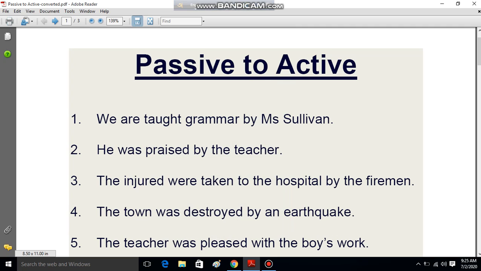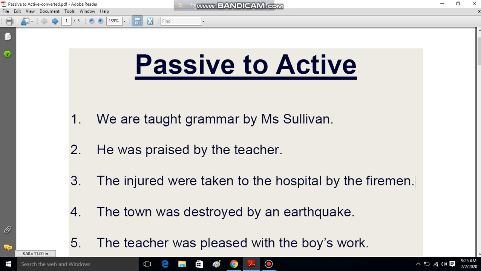So the first one is, we are taught grammar by Miss Sullivan. What I said earlier: whenever you change the voice, you have to notice what type of tense it is, or in case of passive voice, from which tense it is derived. So we are taught grammar.